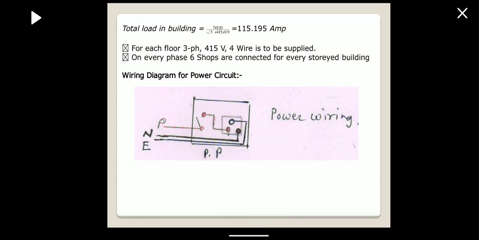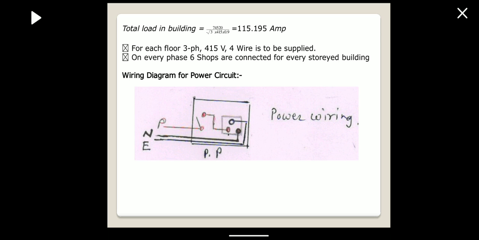So the total load in the building in ampere is 74520 divided by root 3 into 415 into 0.9, so 115.195 ampere is the total load. So for each floor, 3 phase 415 volt 4 wire is to be supplied.